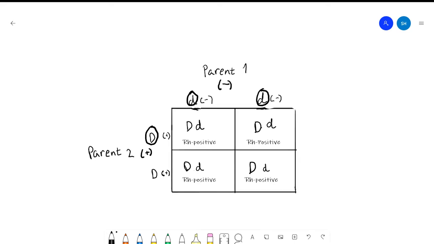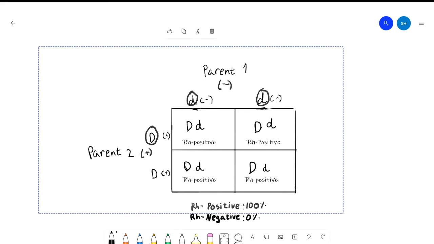And like the last case, a child that's born to both parent 1 and parent 2 has a 100% chance of having Rh positive. So, yes, there you have it.